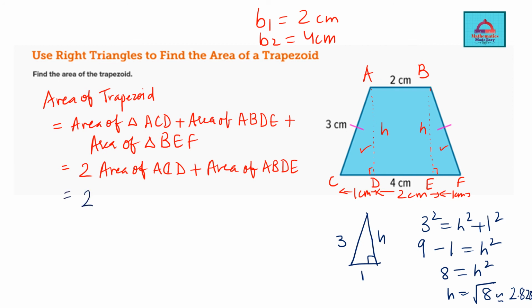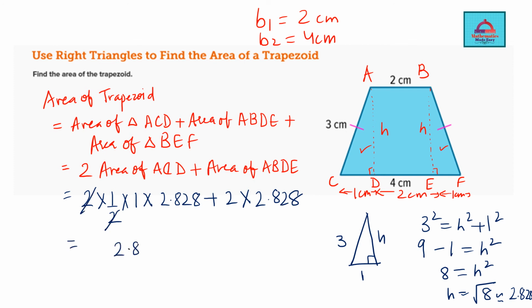So area of a triangle is 1/2, base is 1 times height, which is 2.828, plus area of the rectangle would be length times breadth, so that is 2 times the height. Okay, now this will simplify. So you will get 2.828 times (1 plus 2).